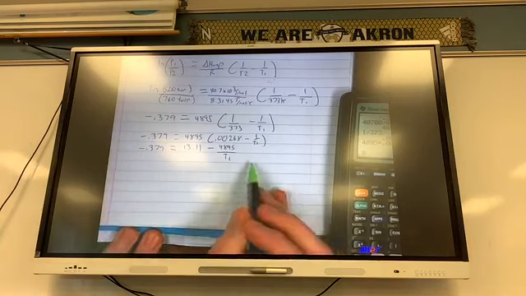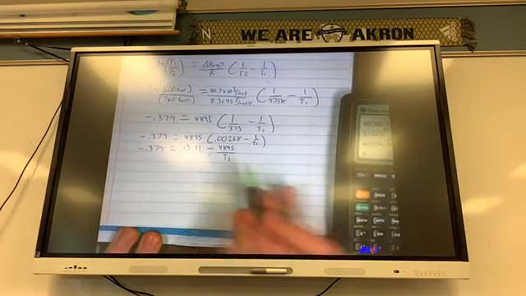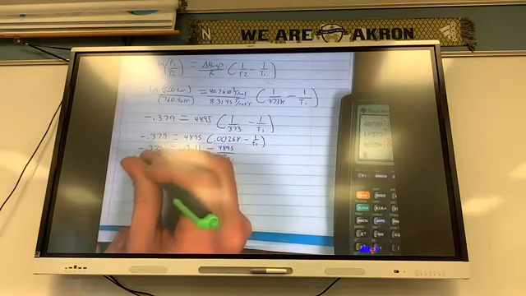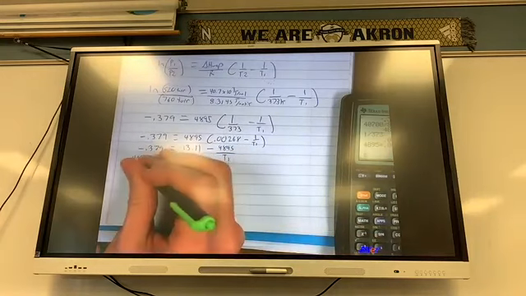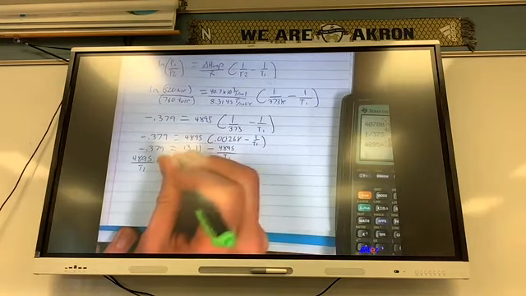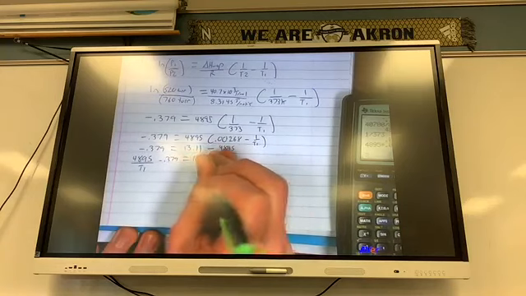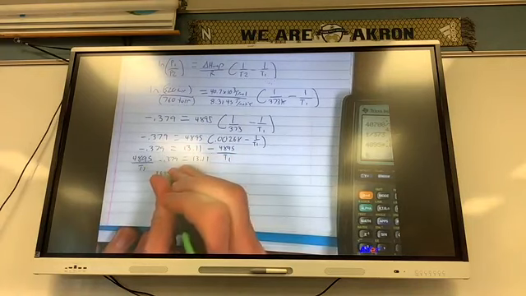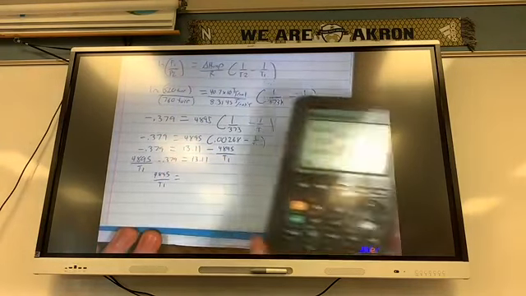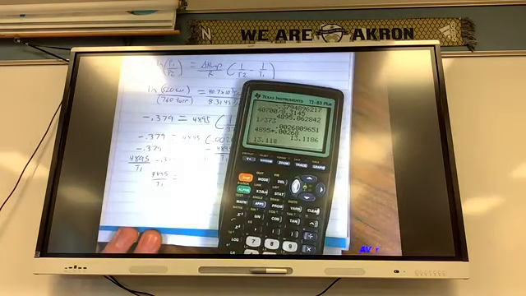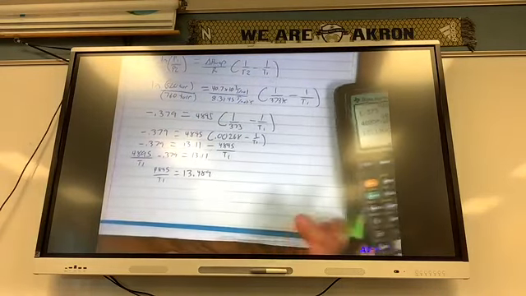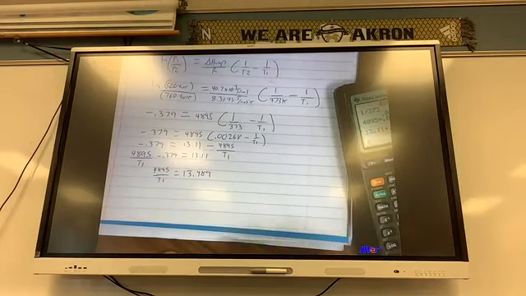I'm going to add this to both sides, showing all my steps. So 4895 over T1 minus 0.379 equals 13.11. Now I'm going to add 0.379. So that gives me 4895 over T1 equals 13.11 plus 0.379, which gives me 13.489.